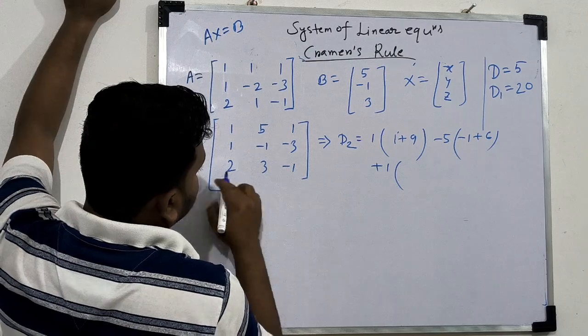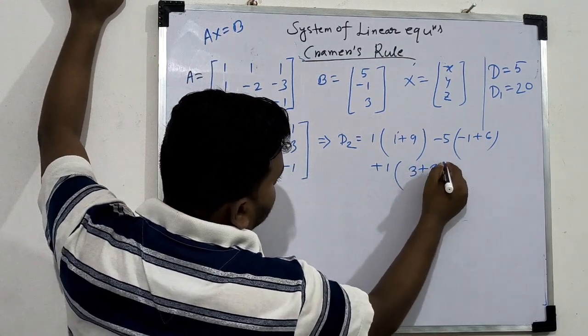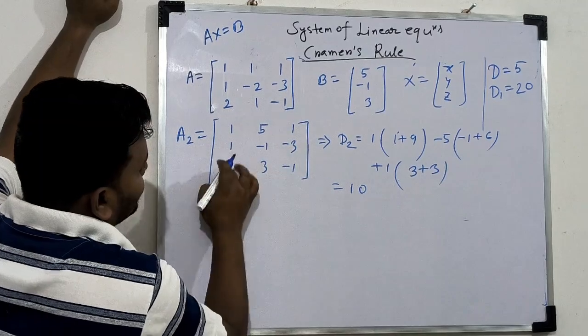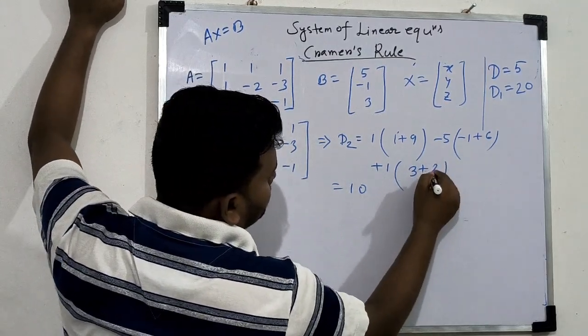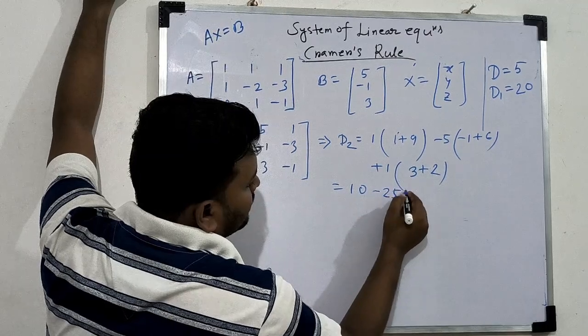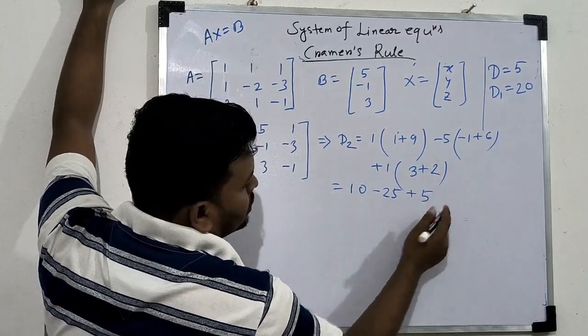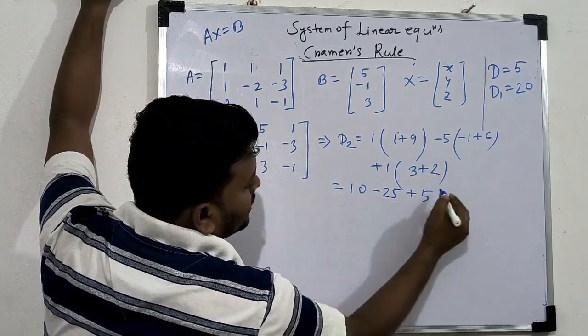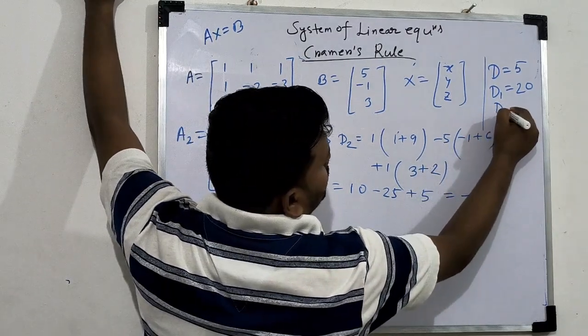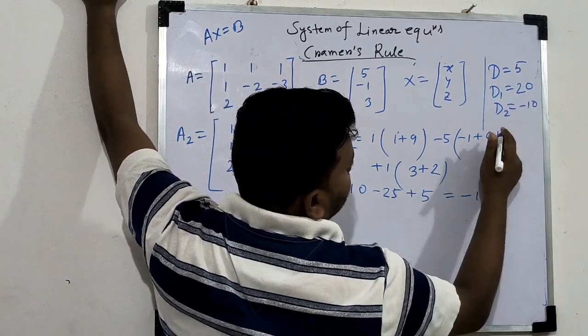So 10, this will be plus 5, minus 5, so minus 25, and this will be plus 5. So 15 minus 25, that will be minus 10. So D2 is minus 10.